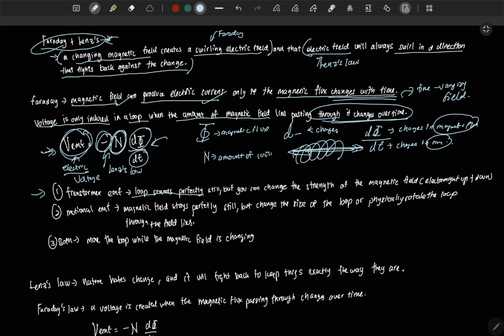Okay, it's not electricity but an electric field. The loop stands perfectly still, but you can change the strength of the magnetic field. You don't actually move a magnet back and forth, but you connect it to the positive and negative. Now this electric field creates a magnet.